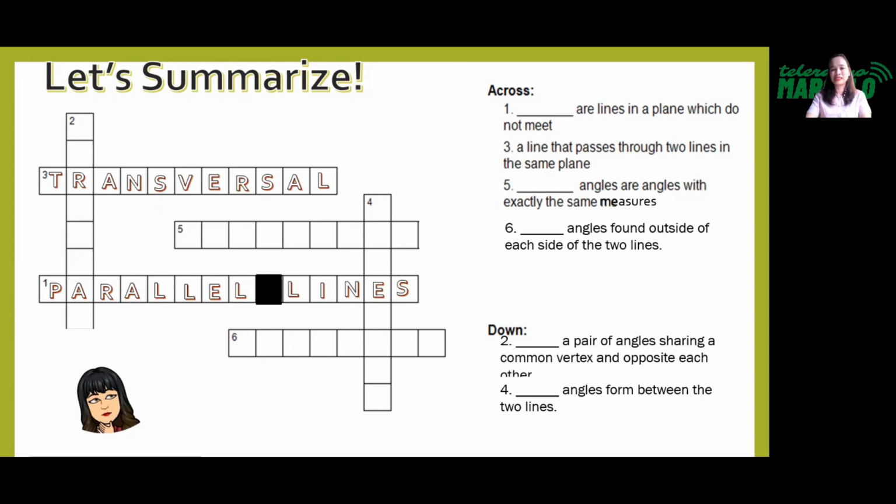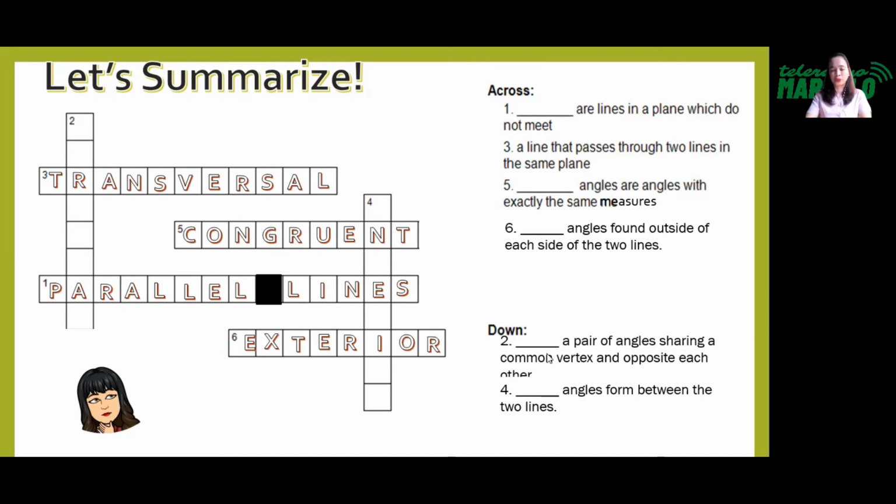And that is congruent angles. Number 6, blank angles found outside of each side of the two lines are called exterior angles. Correct. Okay, so now that we're done with all the words across, let us consider all the words down.